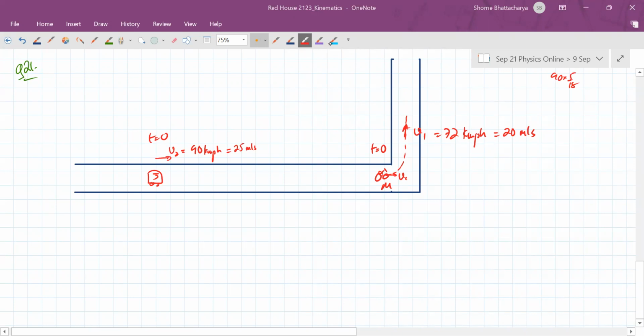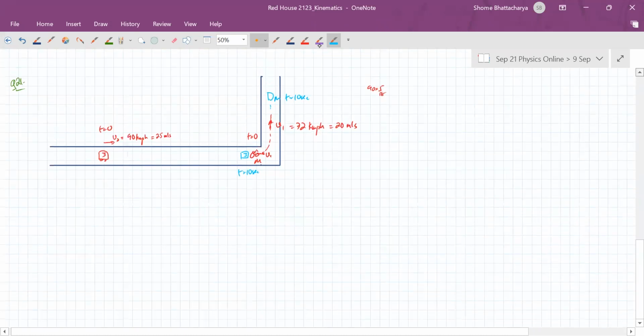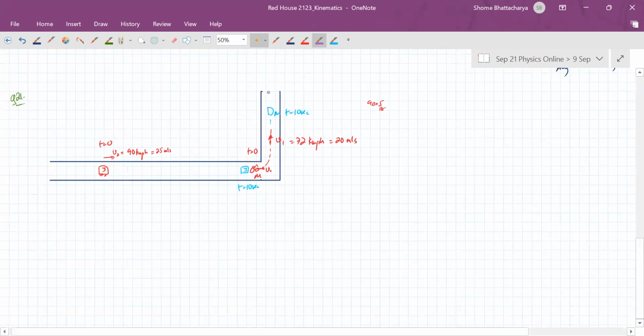Okay, so it's also shown that the jeep reaches here at t equal to 10 seconds. Okay. And by then, let's say the motorbike is here. And then eventually after this frame, because they're moving at constant speed, the jeep will catch up with the motorbike.